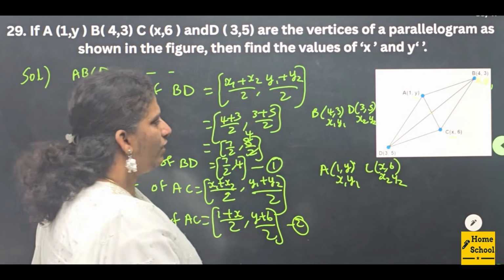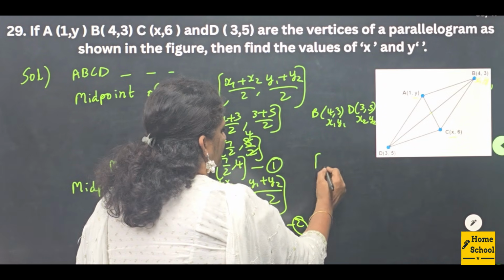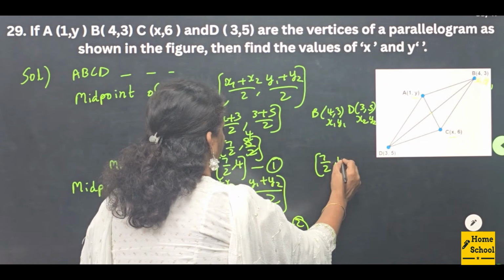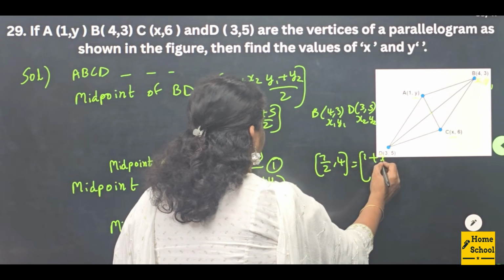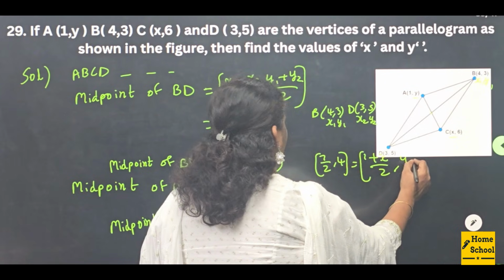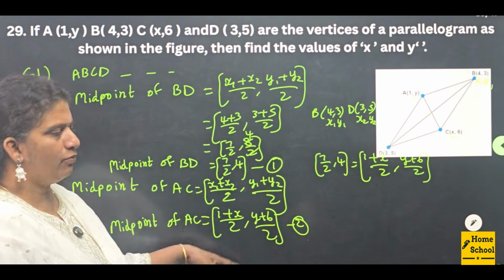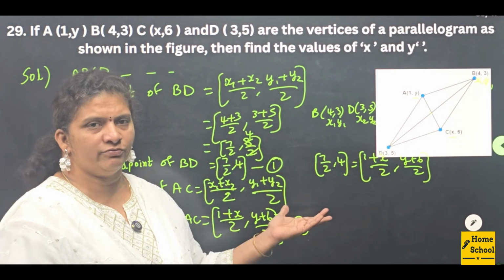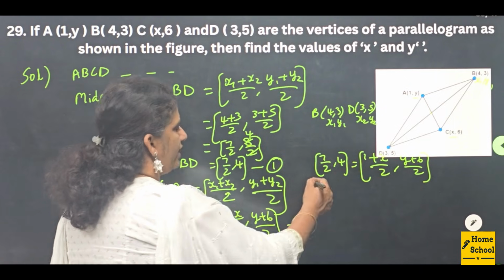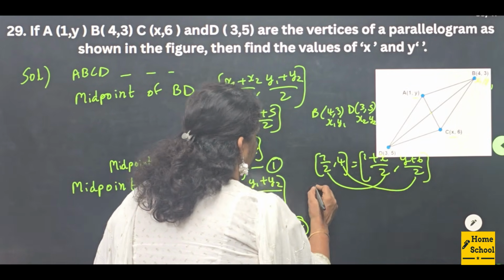Right? Now equate these two equations. What are we going to get? (7 by 2, 4) is equal to ((1 plus x) by 2, (y plus 6) by 2). When you compare both, midpoint of AC is equal to midpoint of BD, both are the same. So equate these two, this to this and this to this.